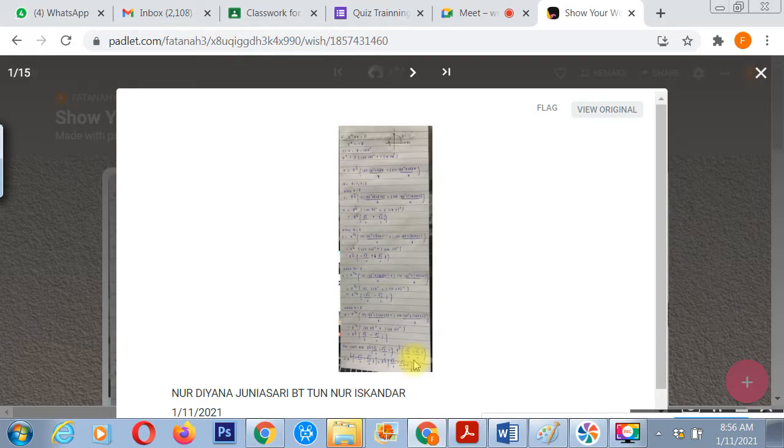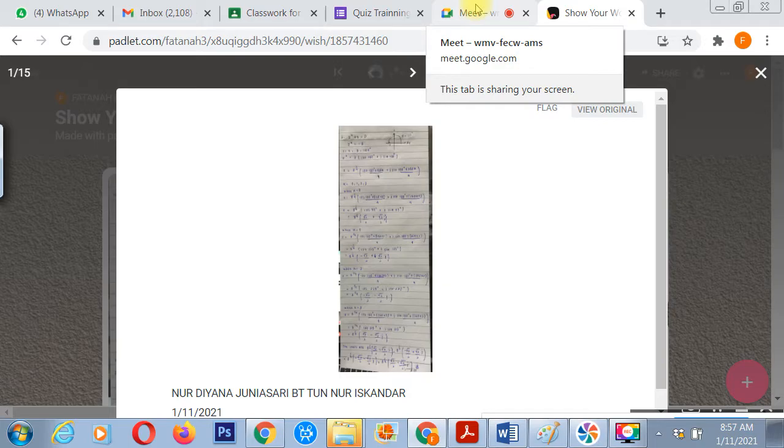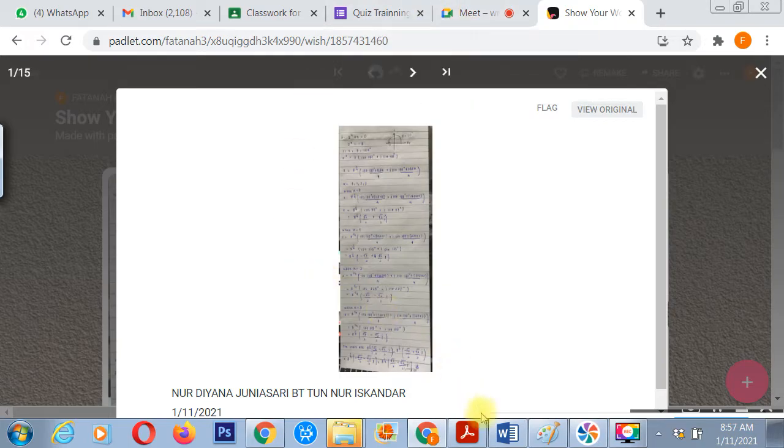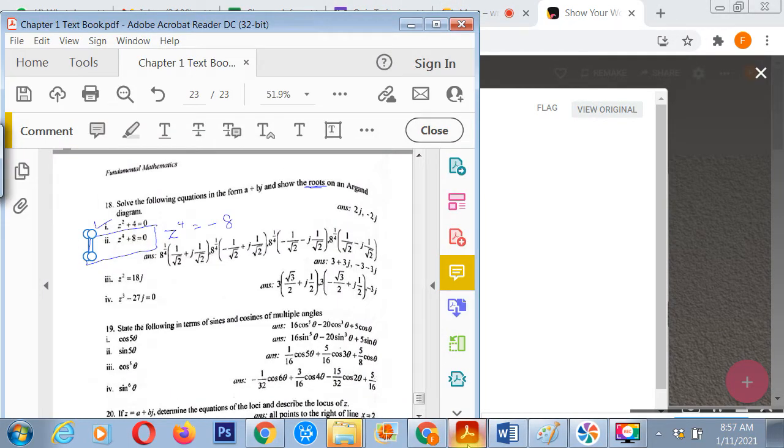So you will have 4 points in the Argand diagram. So you need to continue another step, which is you need to draw every point here. Okay, is it clear? Yeah. Okay, easy or simple? Easy or simple, guys?